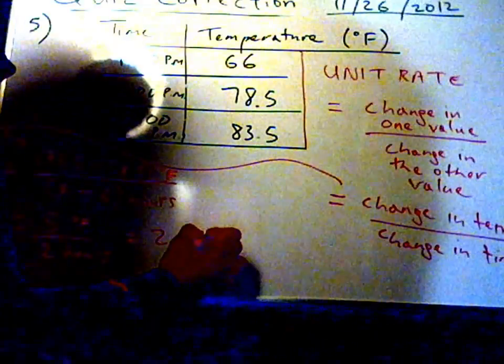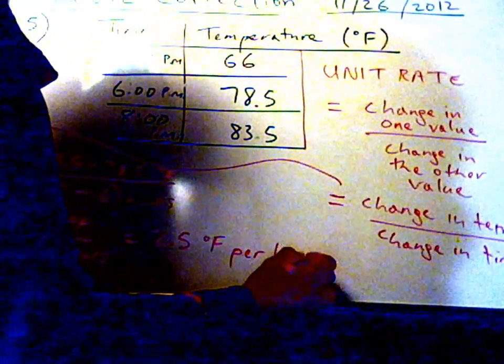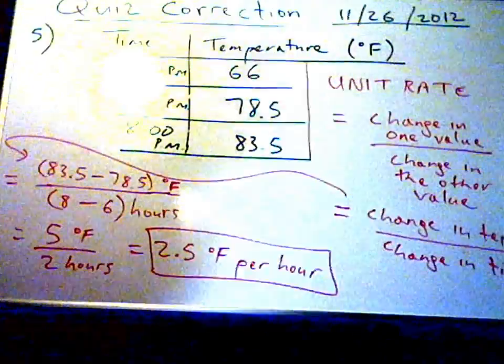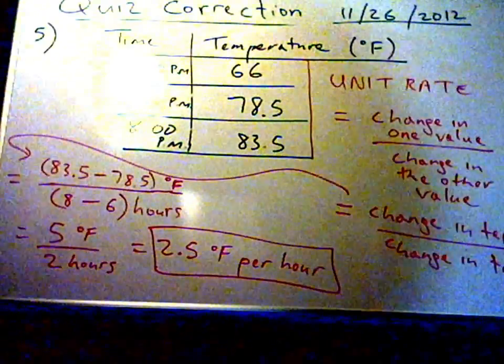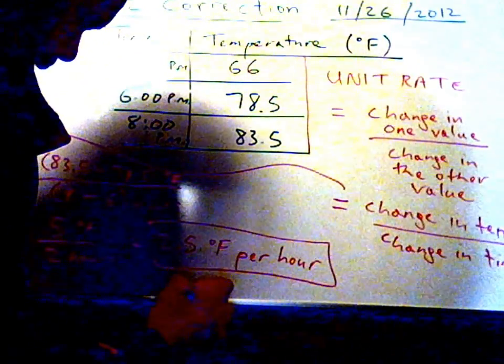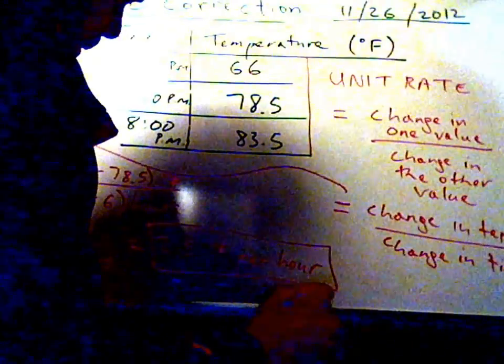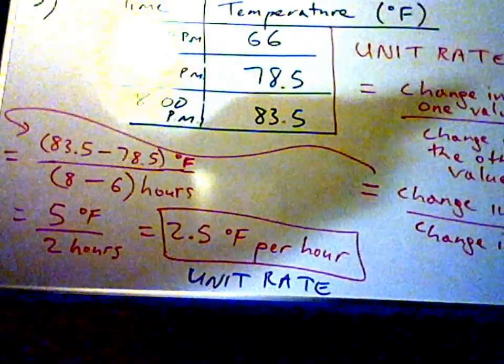So it's going to be 2.5 degrees Fahrenheit per hour, okay? So that is the unit rate. Again, your unit rate is 2.5 degrees Fahrenheit per hour. So that's your unit rate.